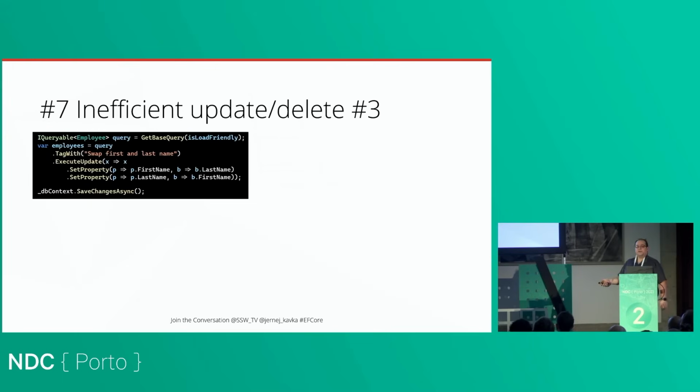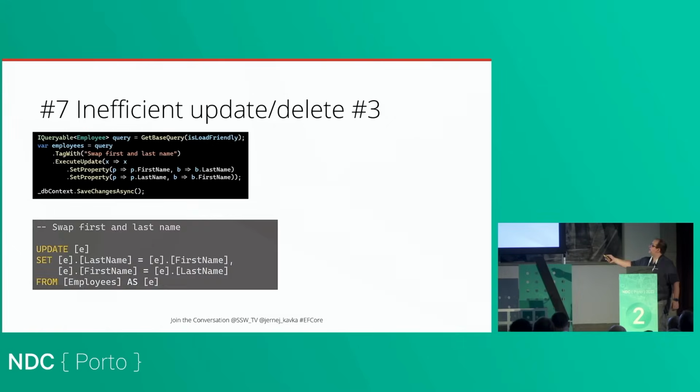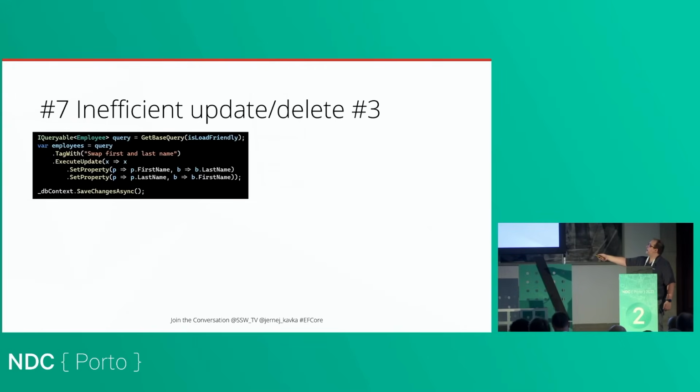Now, what you can do with EF Core 7 and EF Core 8 is just say ExecuteUpdate, and then set this property to last name and last name to first name. Now, you could use an actual string over here or your own variable. This is just me trying to run a test that it can run repeatedly.